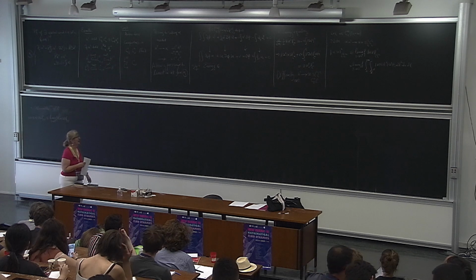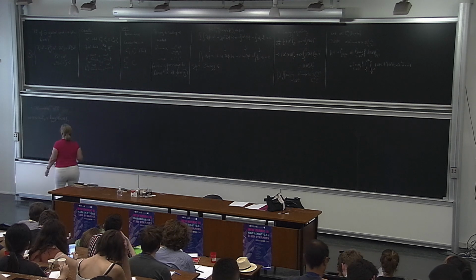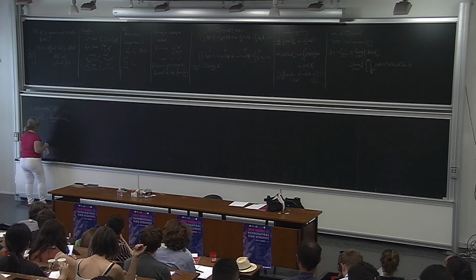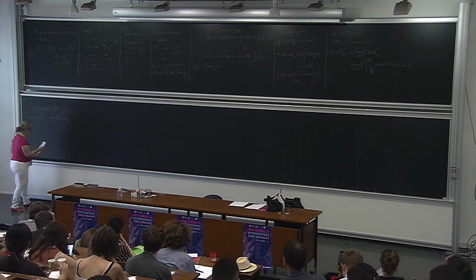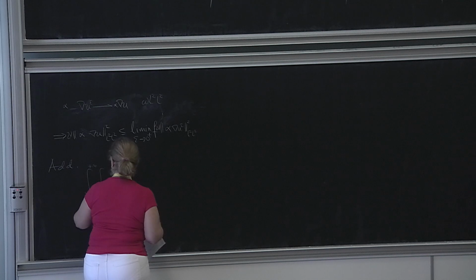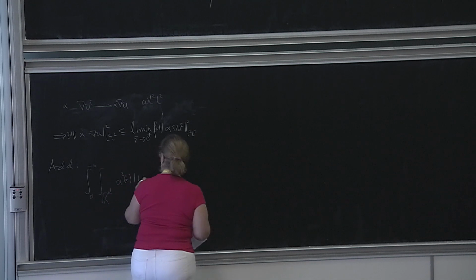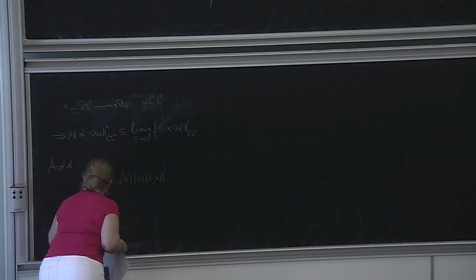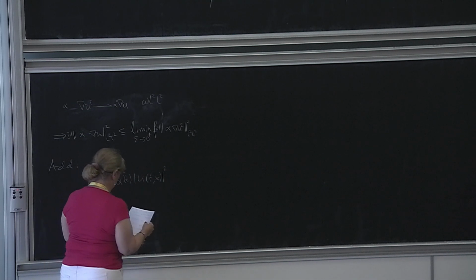And finally, I want to end up with the integral from 0 to plus infinity of the integral in x of alpha squared of t times u of t,x squared, plus the integral from 0 to t.